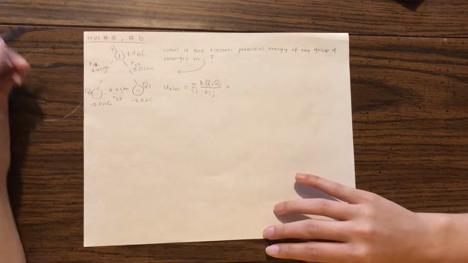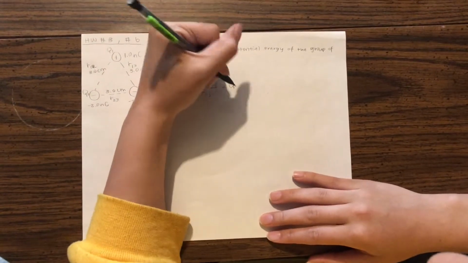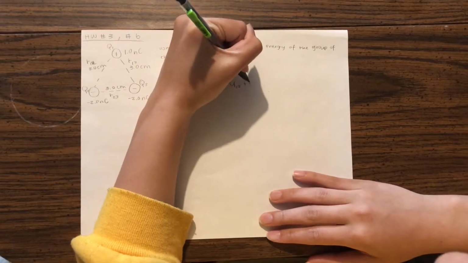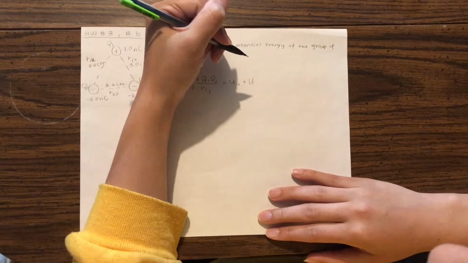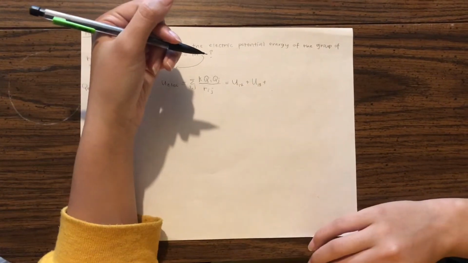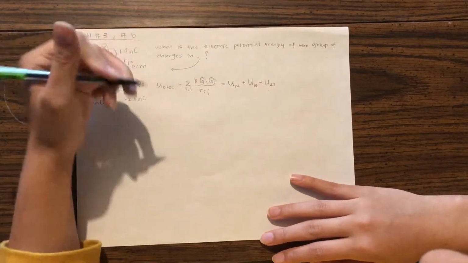And then for this equation, we're going to want to add up the potential energy of the charges from 1 to 2 plus the potential energy for charges 1 to 3. And then we're going to want to add up the potential energy from the charges 2 to 3.